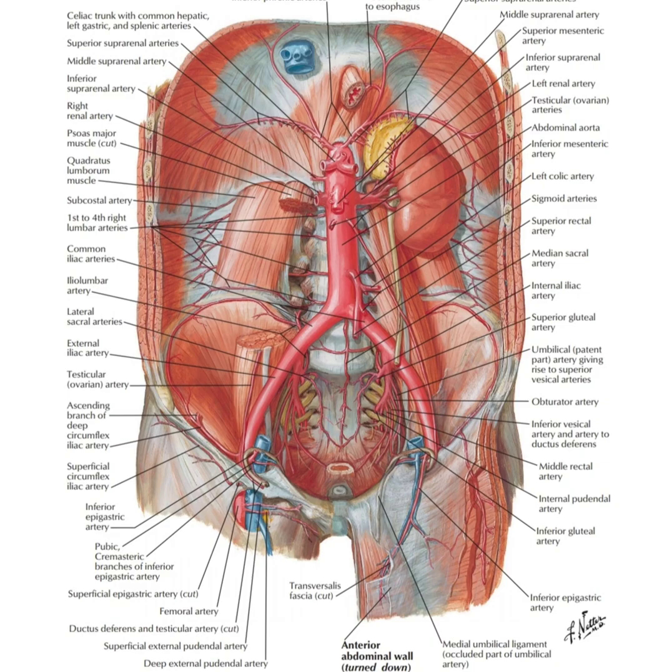And there is also another posterior unpaired branch at the level of L4, that is the median sacral artery.